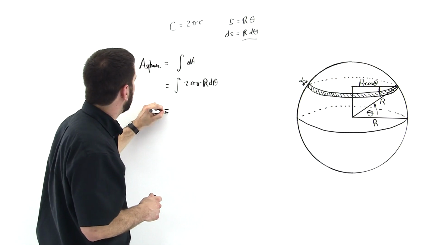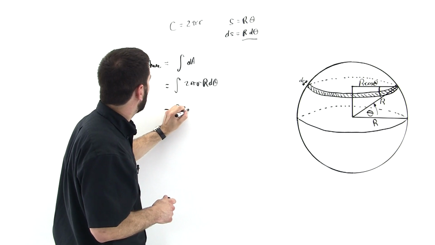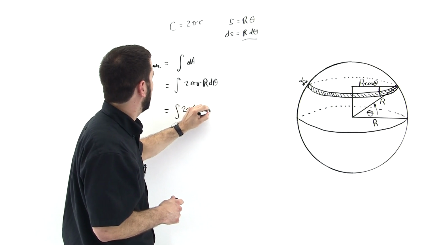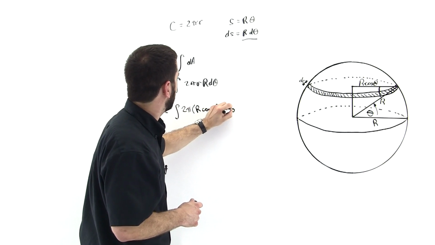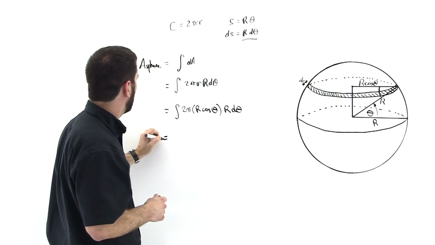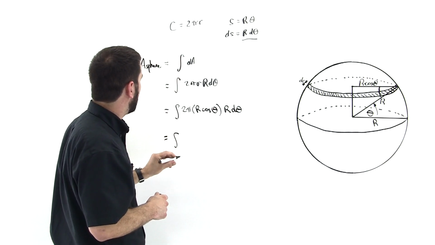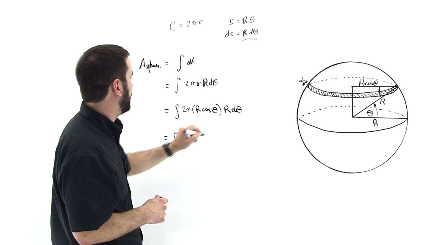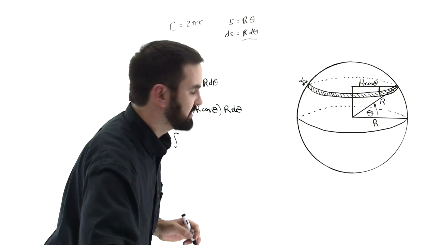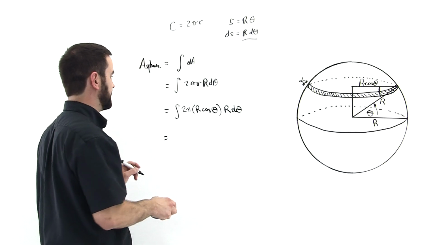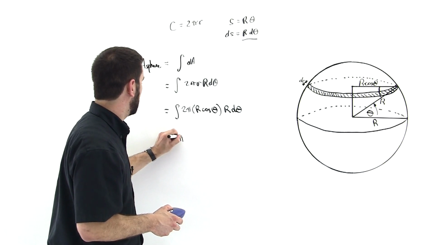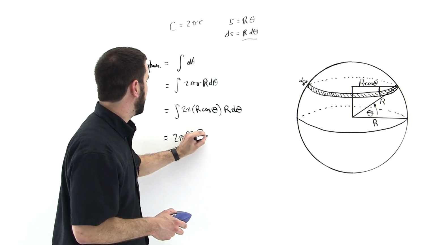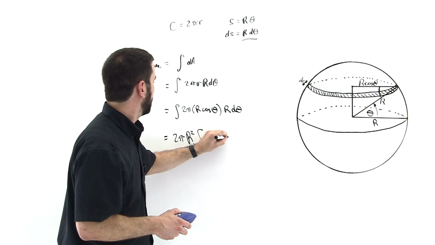So then this is equal to 2 pi, and replace this r with r cosine theta, r d theta. Then we have the sum, and we're going to factor out some constants. 2 pi, this r and this r become r squared, and they are constants, the radius of the sphere. So this is 2 pi capital R squared, the integral of cosine theta d theta.